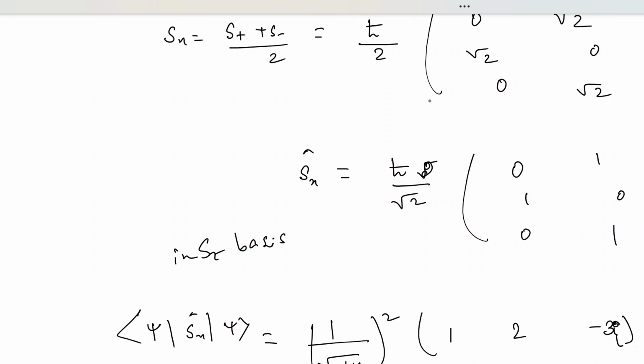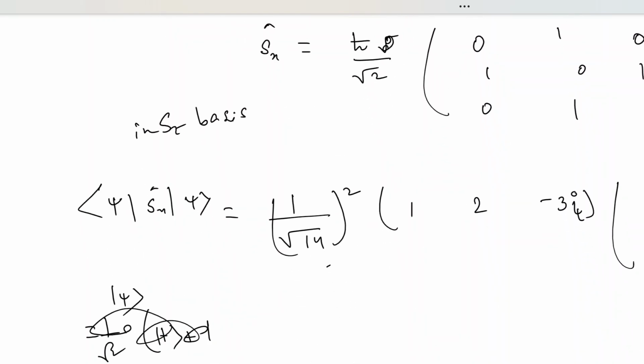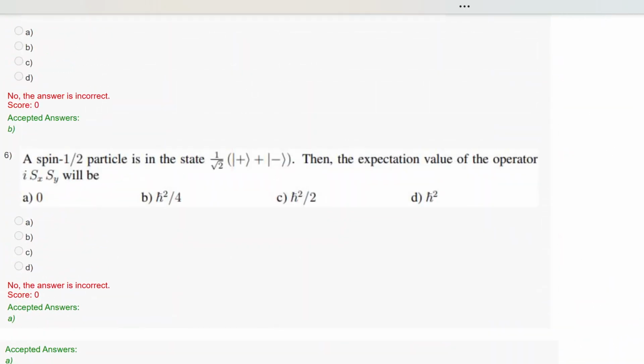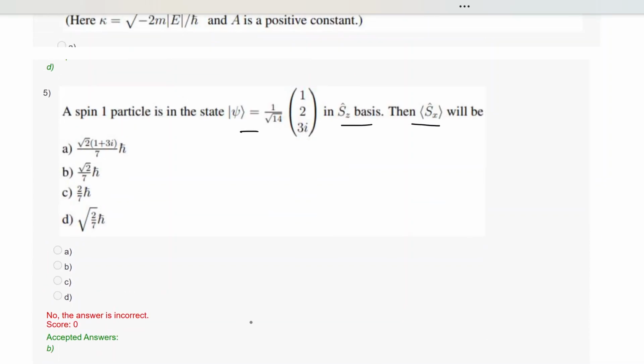So there will be a complex conjugation over here. Then you have 0 1 0 1 0 1 0 1 0, and you have 1 2 3i. Thus, if you solve this term by term, you will get a value of ħ root 2 by 7. So this is your final answer. So let us cross check the options. This we are getting. This is also the correct answer.